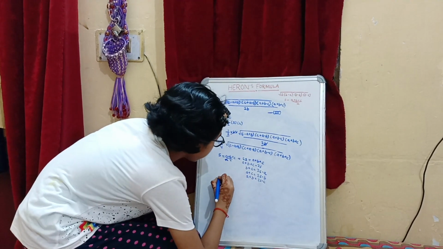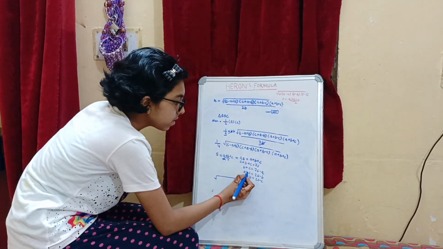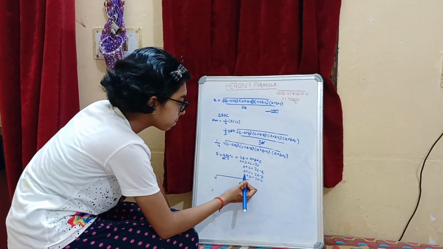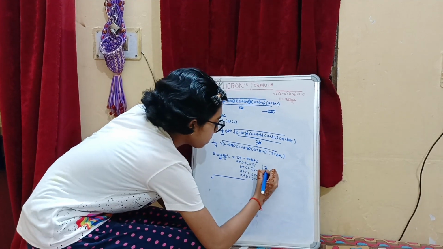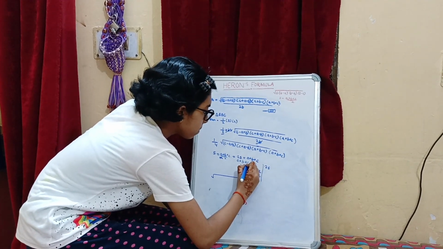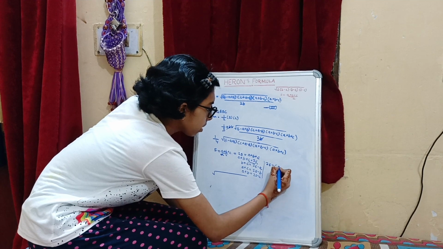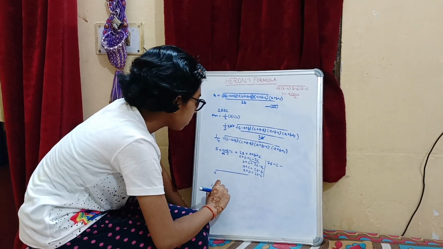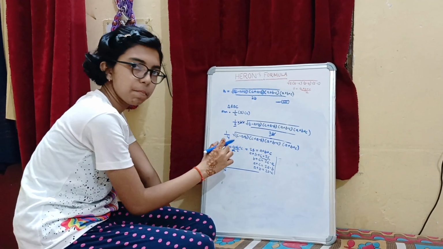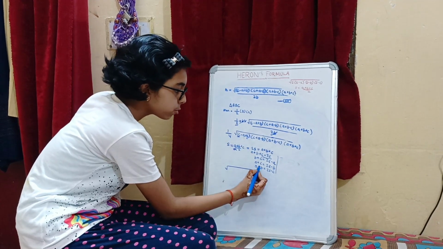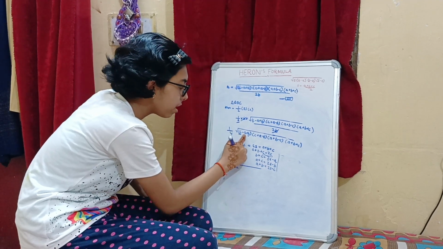So it will be like root. Now by putting the value of c minus a plus b: c plus b is equal to, as we can see, 2s minus a, so 2s minus a and here minus a also.